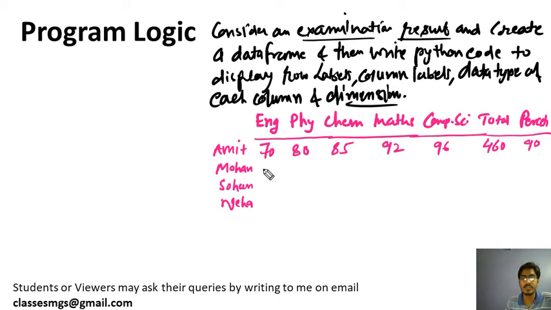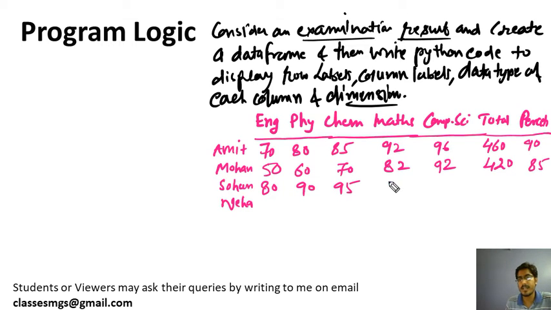Then let's suppose another student got 50, 60, 70, 82, and 92, total 420, and here we got 85%. Another student got 80, 90, 95, 95, 98, and he got 480, and 95%.